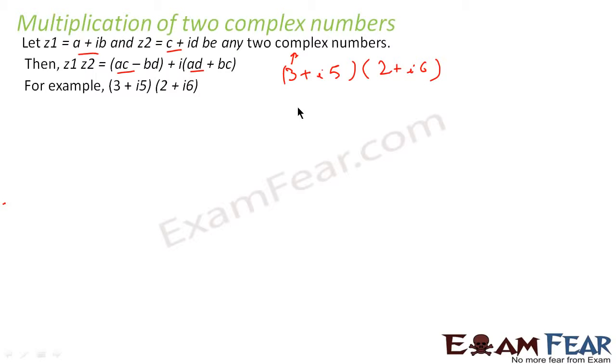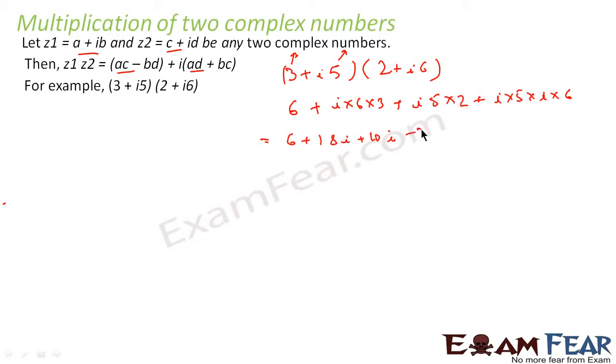We'll take the first number of this, and multiply with this: 3 into 2 is 6, plus we'll multiply 3 into 6i, which gives i into 6 into 3. Then we'll take the second number, that is 5i, and multiply with this 2, and then 5i multiplied by 6i. So what we get is 6 plus 18i plus 10i minus 30. Why is this minus 30?